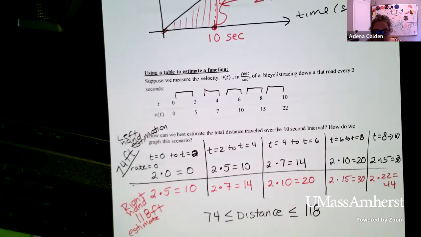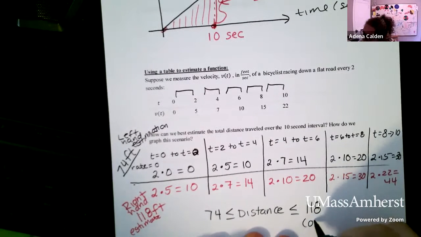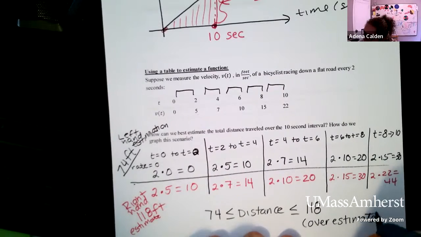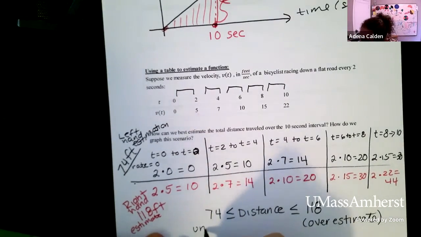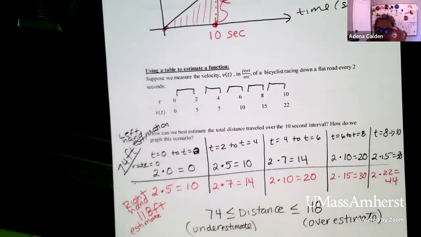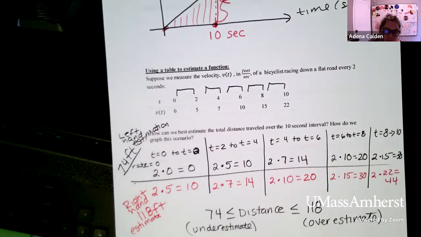And so what we do is we call the bigger number the overestimate. And we call the smaller number the underestimate. And I would say about half the time, these are the numbers you're looking for. I'll say find the over and under estimate for the total distance traveled.